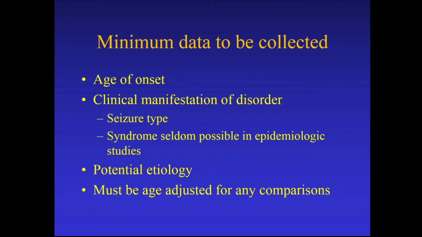And second, in most epidemiologic studies, people don't have the expertise or the diagnostic facilities to allow appropriate diagnoses by syndrome. I think one wants to have a potential etiology, and any comparisons must allow for age adjustment, so those comparisons can be made directly.